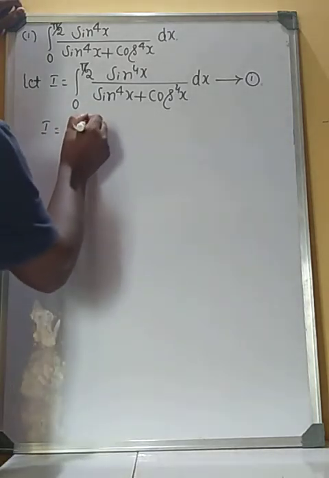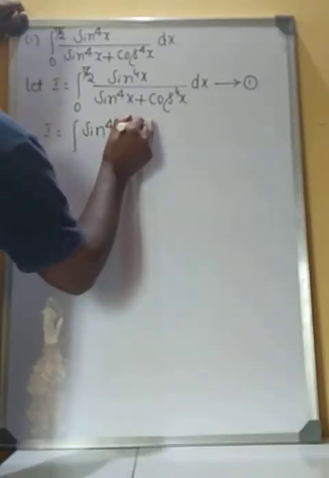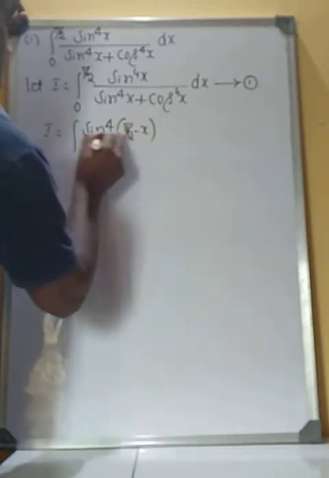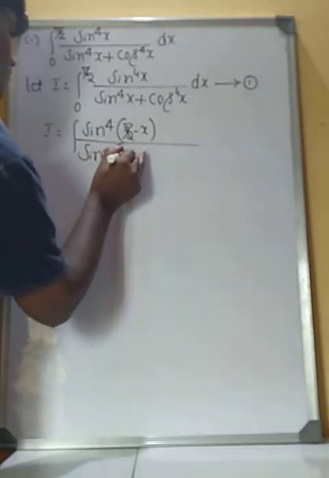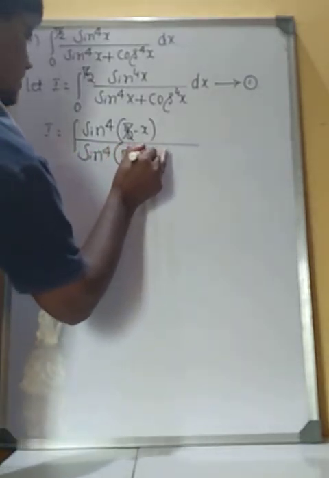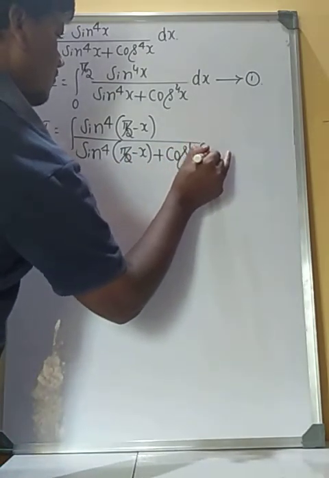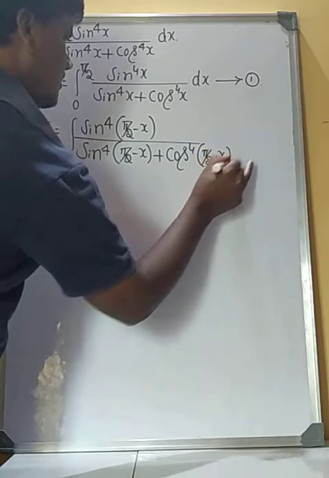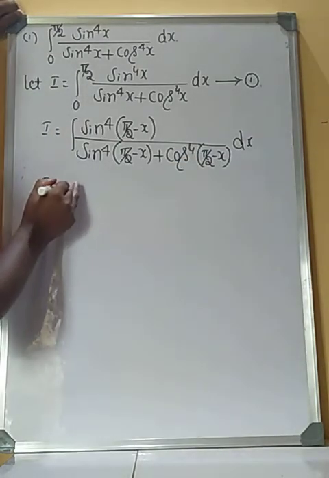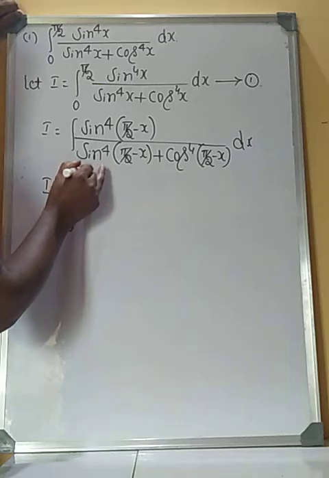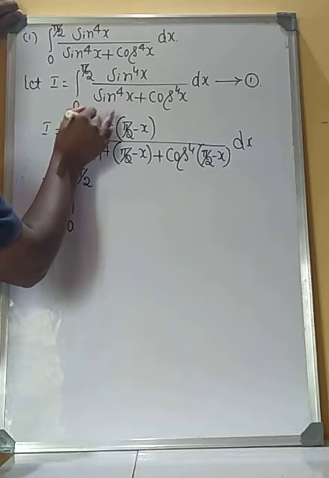So therefore I is equal to sin^4 of (pi by 2 minus x) divided by sin^4 of (pi by 2 minus x) plus cos^4 of (pi by 2 minus x) into dx. So therefore I equals the integral from 0 to pi by 2.